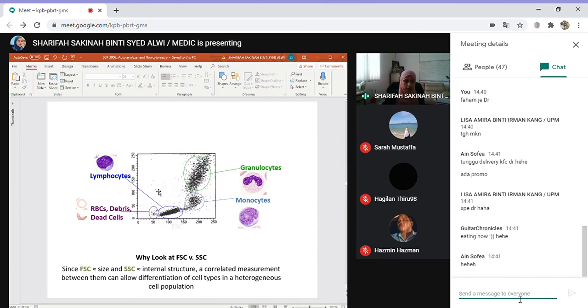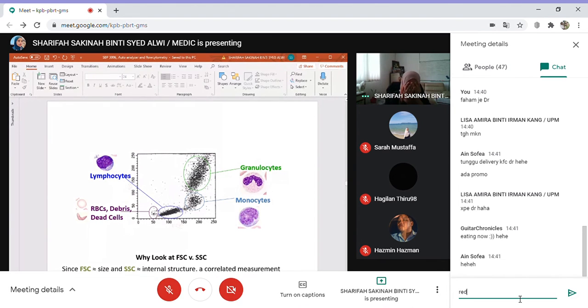For example, like this. This is the lymphocyte. We know lymphocytes usually lie towards the bottom. But if you look at the monocytes and the granulocytes, there is one point where they can, how should I say, overlap with one another.